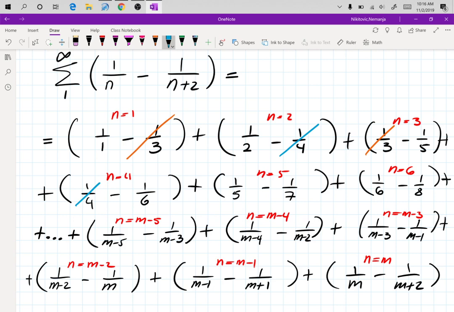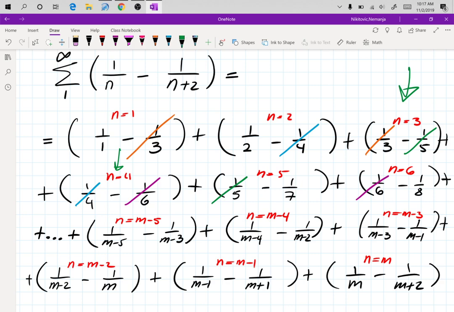Gone. Purple terms. Negative 1/6 and a positive 1/6. Gone. Negative 1/5 and positive 1/5. Gone. Do you see how we have this parenthesis and this parenthesis here? They have both terms canceled.